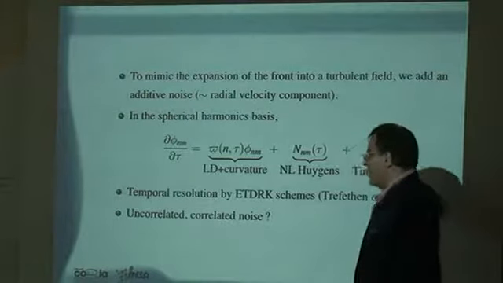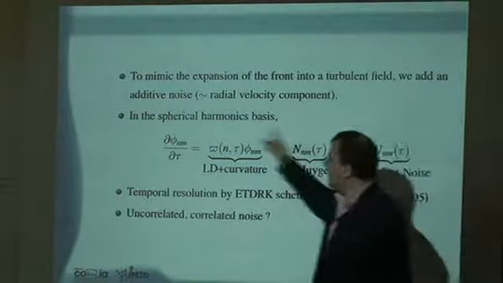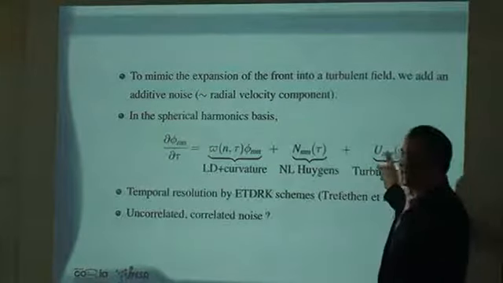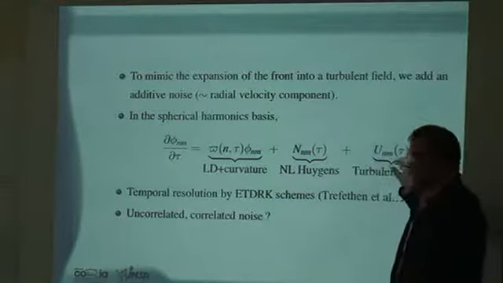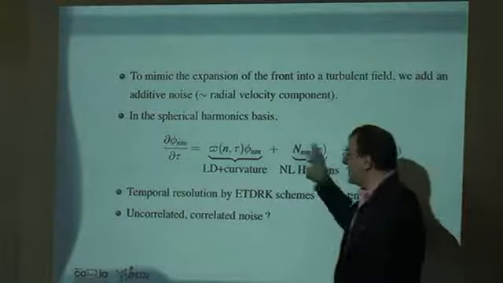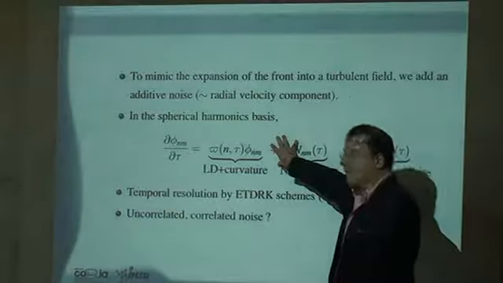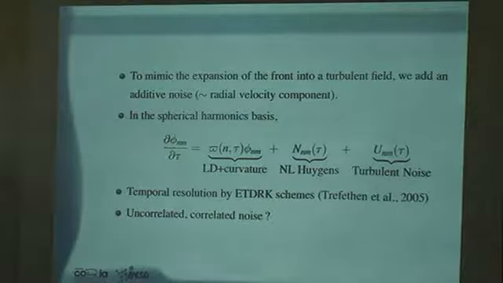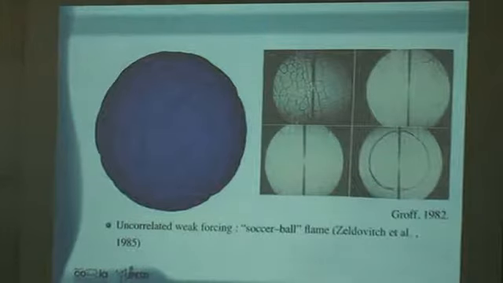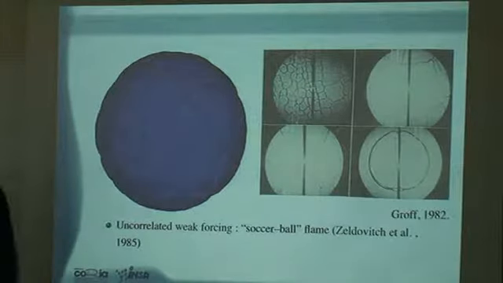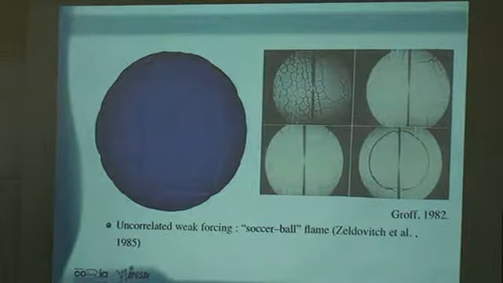At this stage there is no coupling between this and turbulence. Turbulence is external. So we can solve that numerically with exponential time differencing schemes. It's a kinematic problem with a given velocity field, random, weak.